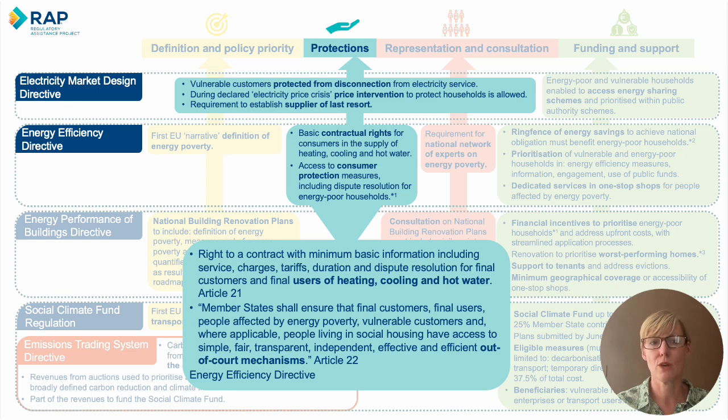But they extend those not only to these electricity and gas customers, but to customers for heating, cooling and hot water. So that might be if you're buying those services through a district heating system. Those rights are also extended to what's called final users. So this is when you don't have a direct contract with a supplier or utility, but for example, when you pay for your utilities through your rent.